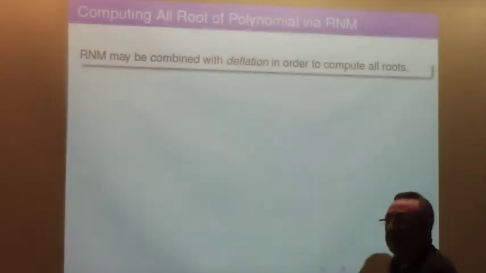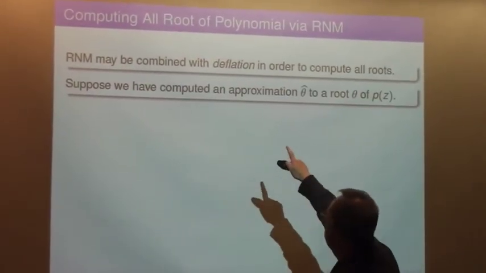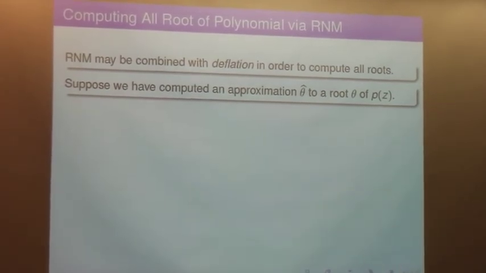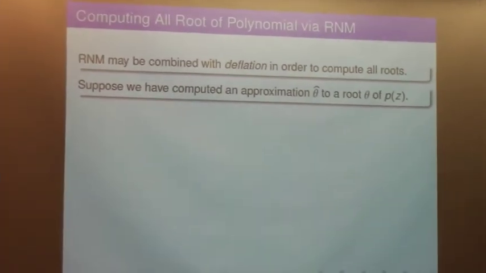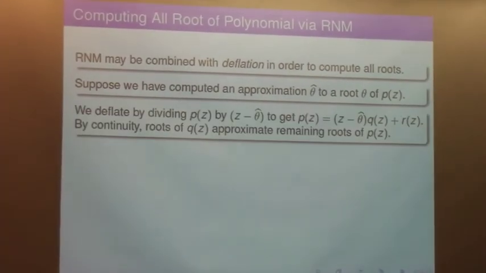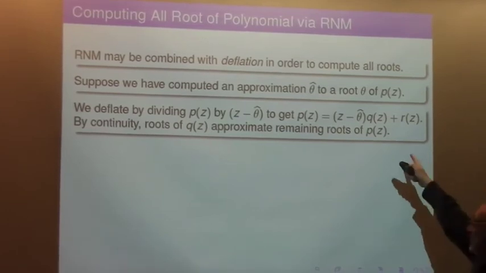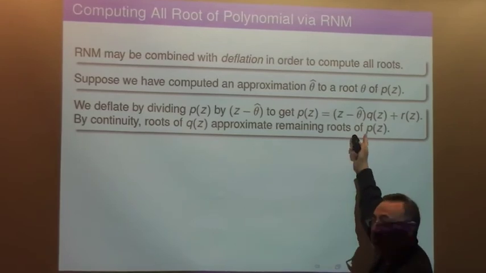Computing all roots of a polynomial. How would we compute them? We know that the robust Newton method can be combined with deflation in order to compute all roots. Suppose we have computed an approximation to a root. We can factor it out. We get this factorization, and by continuity, roots of q of z approximate roots of p of z.